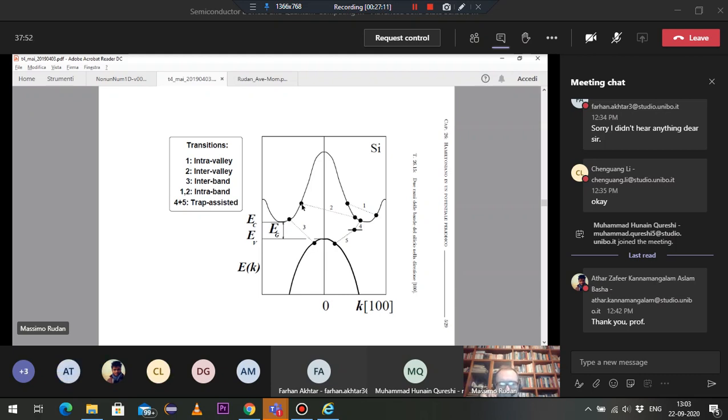So if there is an external perturbation, these black dots move around along the curve where they belong.